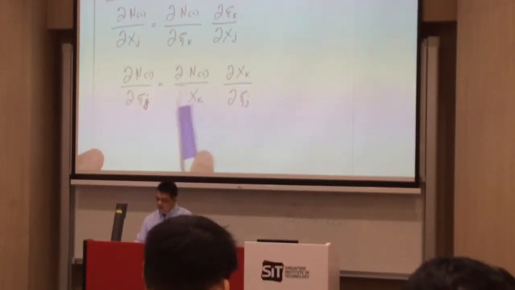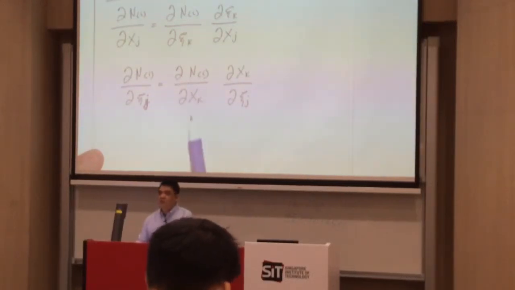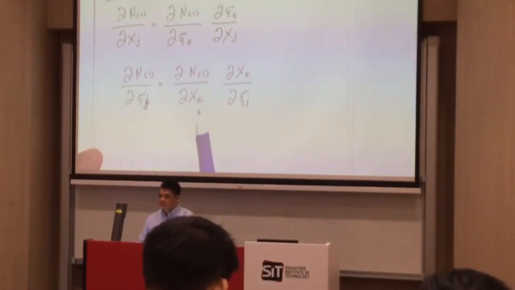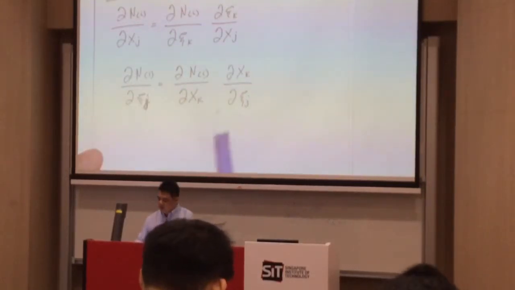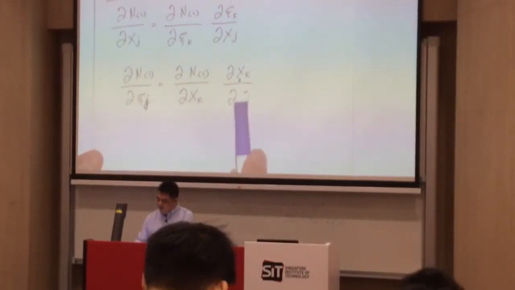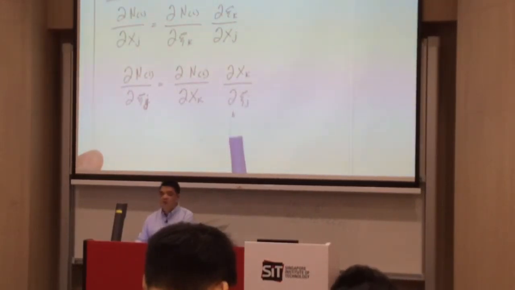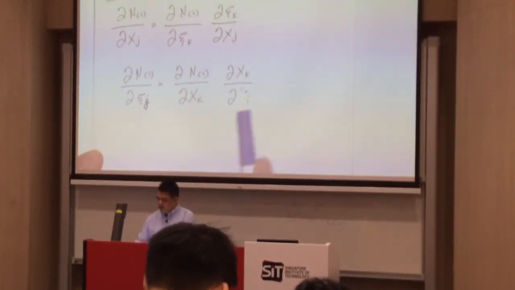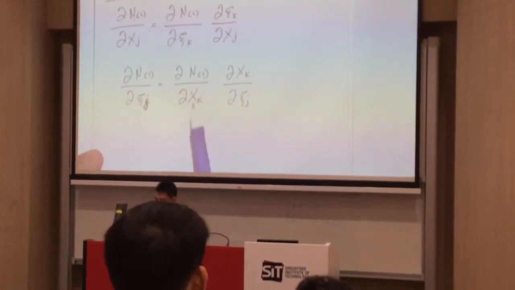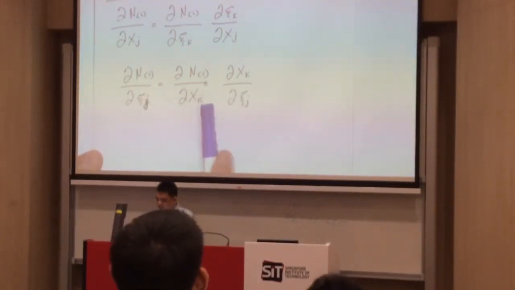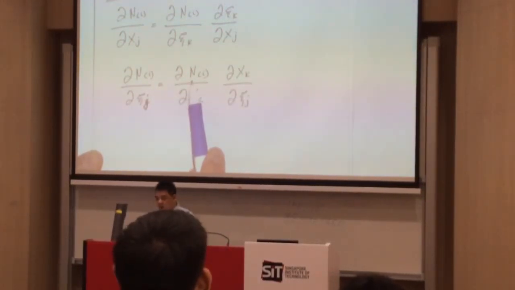So you have now the partial of Ni with respect to xk, multiplied by the partial of xk with respect to cj. So this will be cancelled out later because k is a dummy index, so I end up having the partial of Ni with respect to cj.